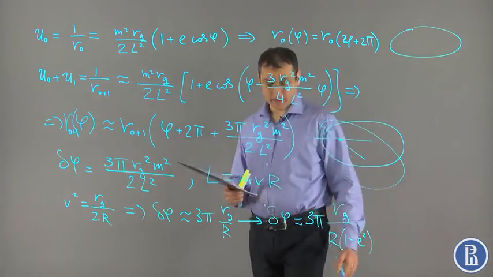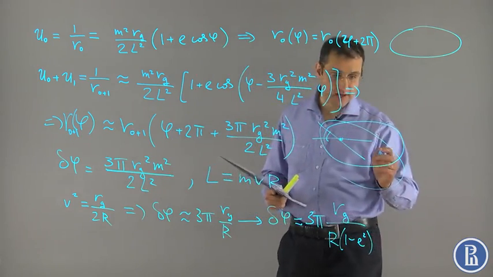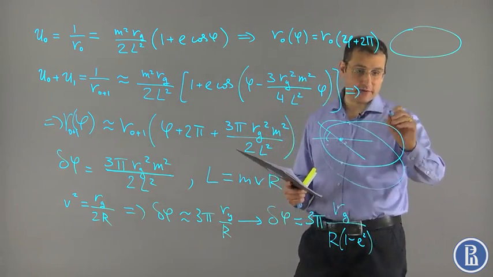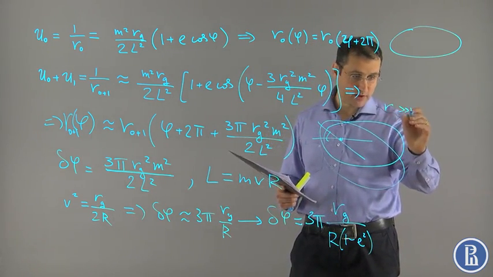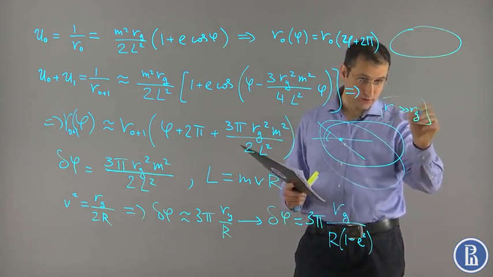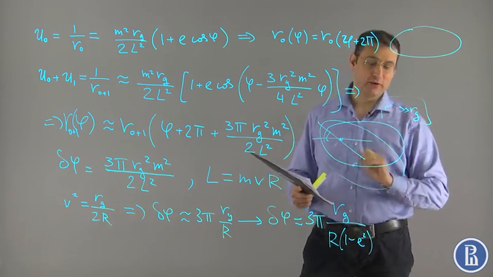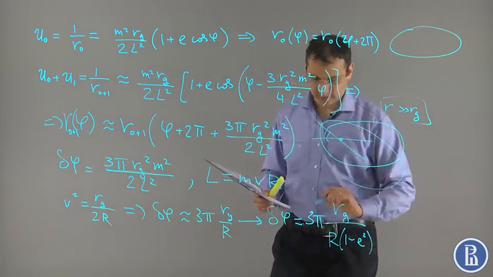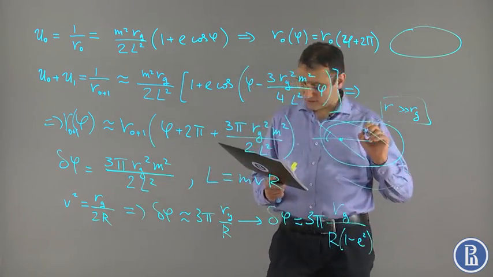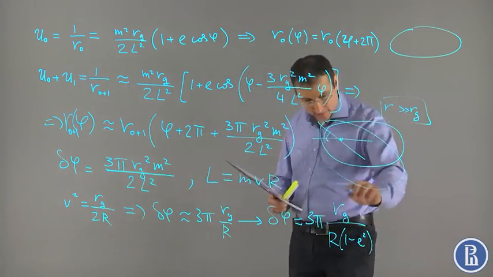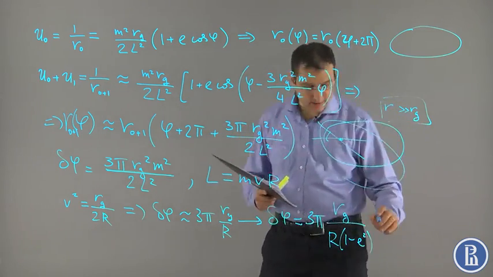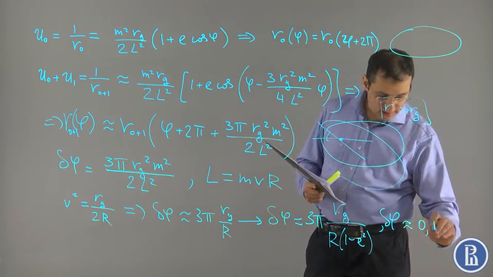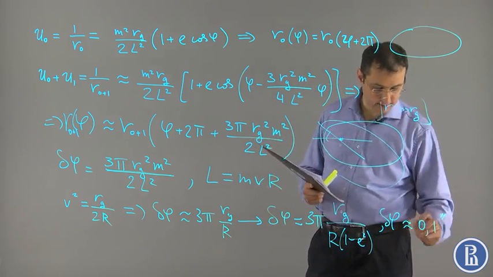The closest planet to the Sun is Mercury. And then we expect, because for Mercury, R, although much greater than Rg, still has the closest value to Rg among all the planets. So Mercury is expected to have the biggest contributions of this sort. Then if we substitute the values of these expressions for Mercury, we find that delta phi is approximately a tenth of an angular second.